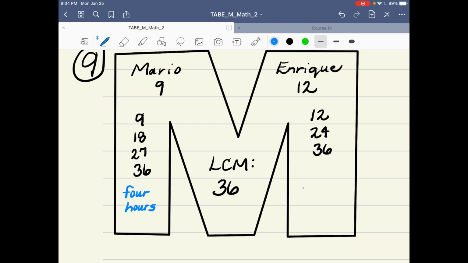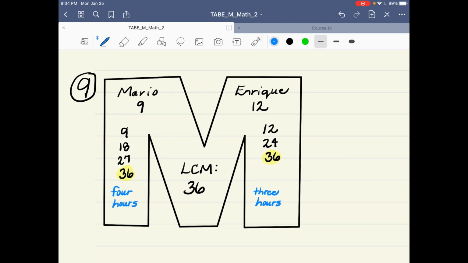It only took Enrique 3 hours to get to that $36. They both made $36. It's just that Enrique got there faster because he makes more per hour. So we have Mario at 4 hours, Enrique at 3 hours.